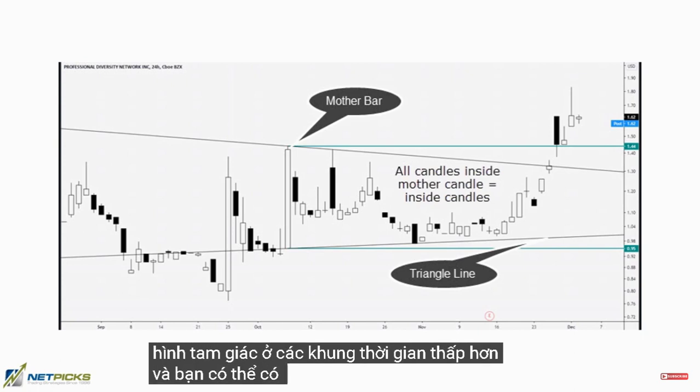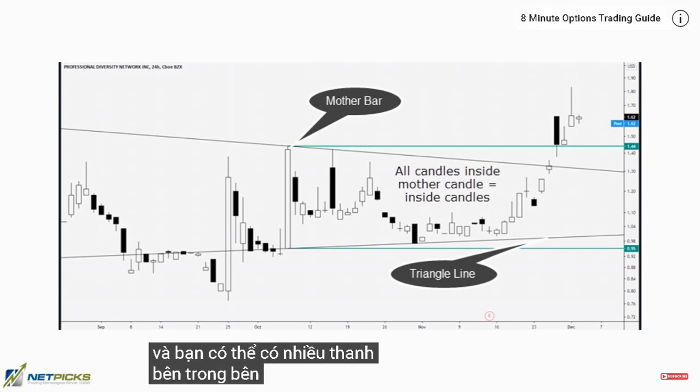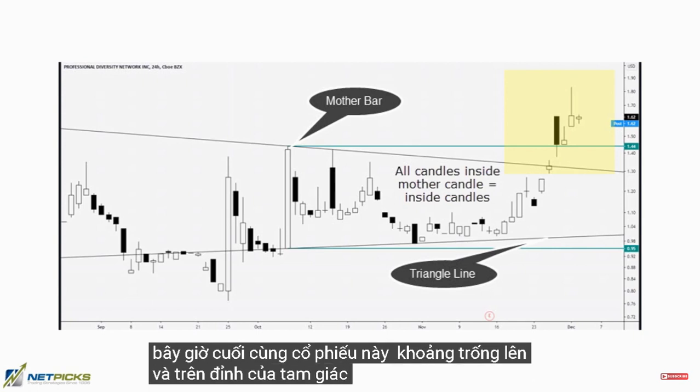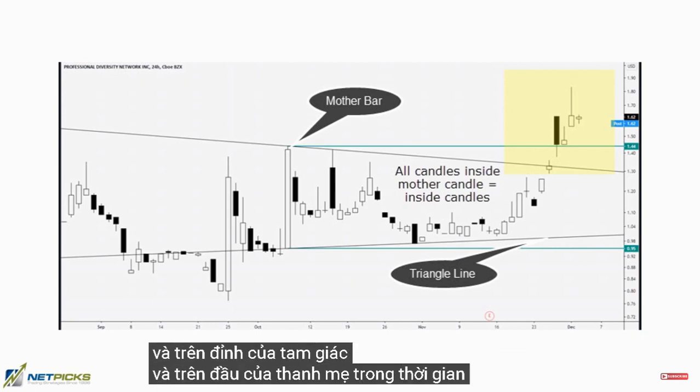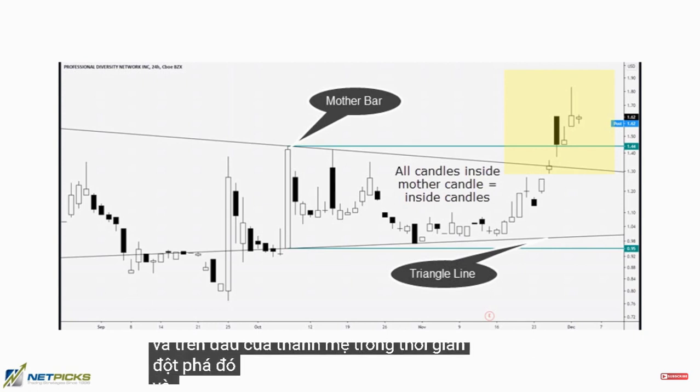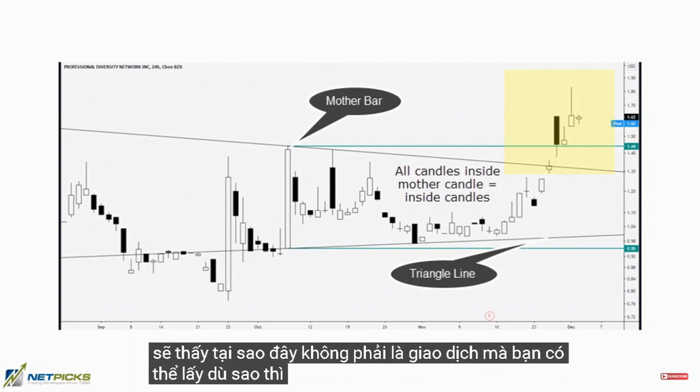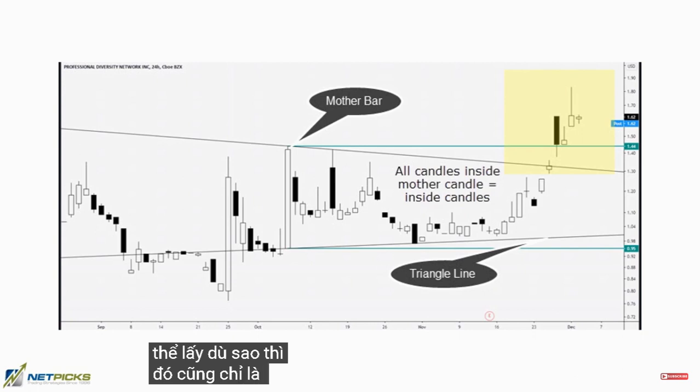And you can have multiple inside bars inside of that one main bar called the mother bar. Now this stock eventually does gap up and over the top of the triangle and the mother bar during that breakout. And once you see the rules, you're going to see why this is not a trade you could have taken anyway. It's just an example.